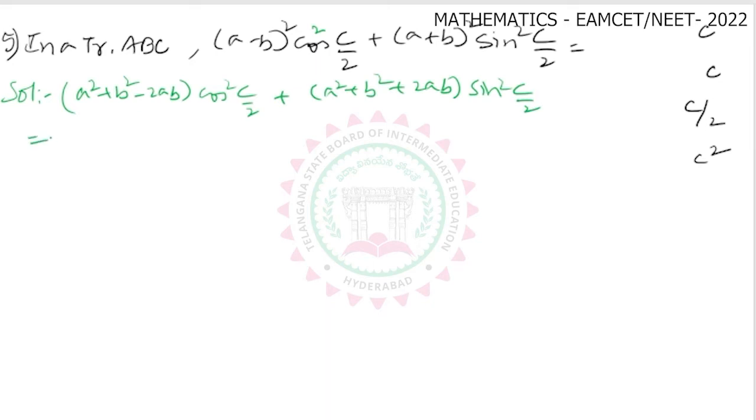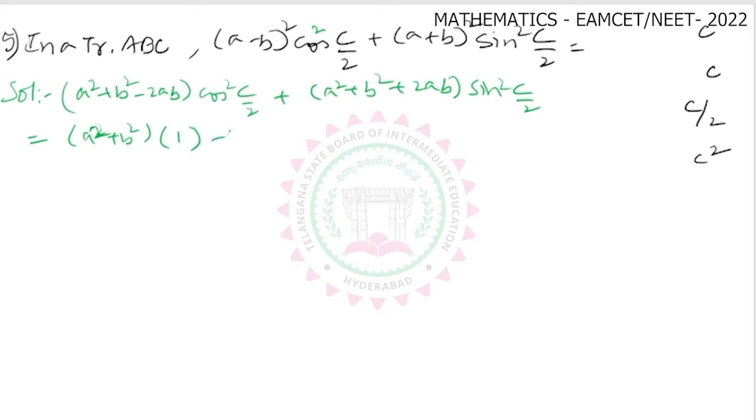If I take A square plus B square common, what is inside? Cos square C by 2 and sin square C by 2. Cos square theta plus sin square theta is nothing but 1.